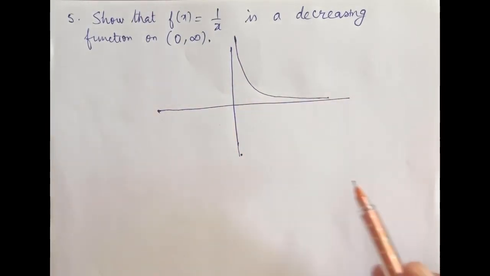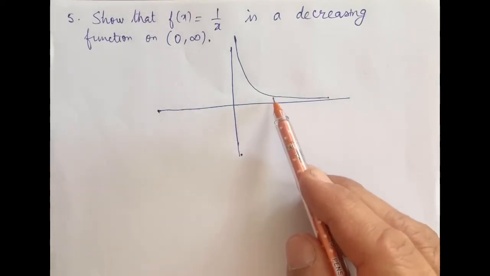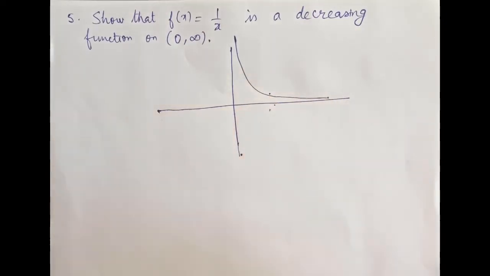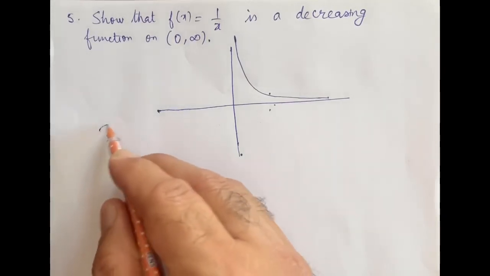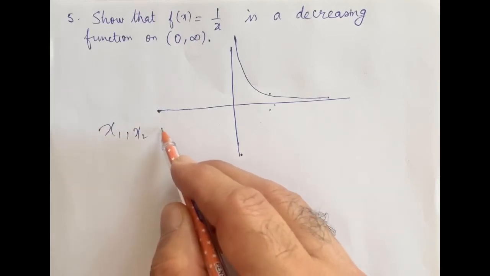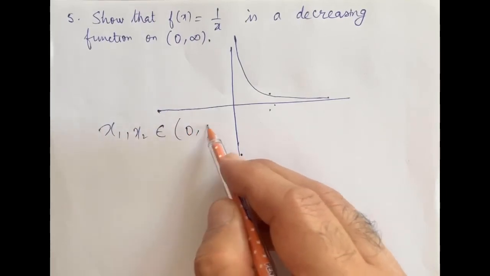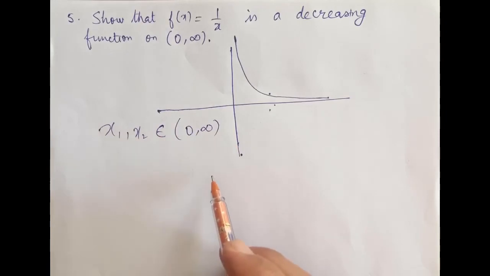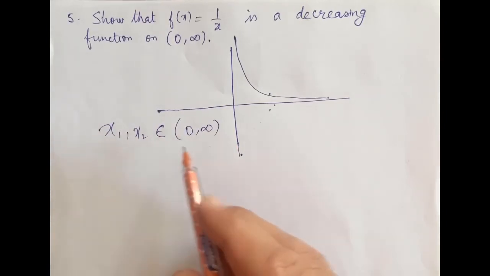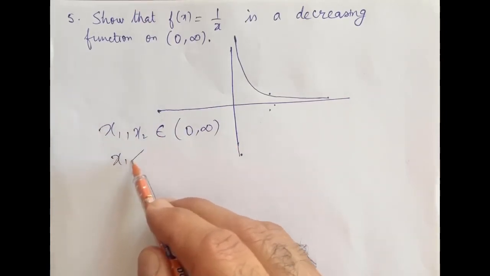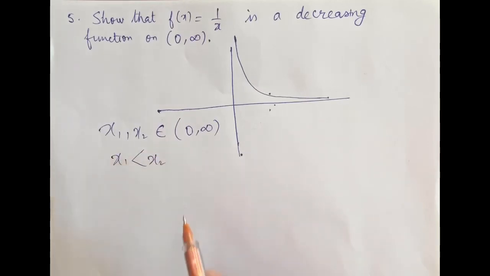From the graph it's clear that as x increases, the value of the function decreases, so it's a decreasing function. But how do we prove it mathematically, without the use of derivatives? Consider x1, x2 belonging to the domain of the function, which in this case is 0 to infinity. That is, x1, x2 are both positive numbers. And also consider x1 less than x2.